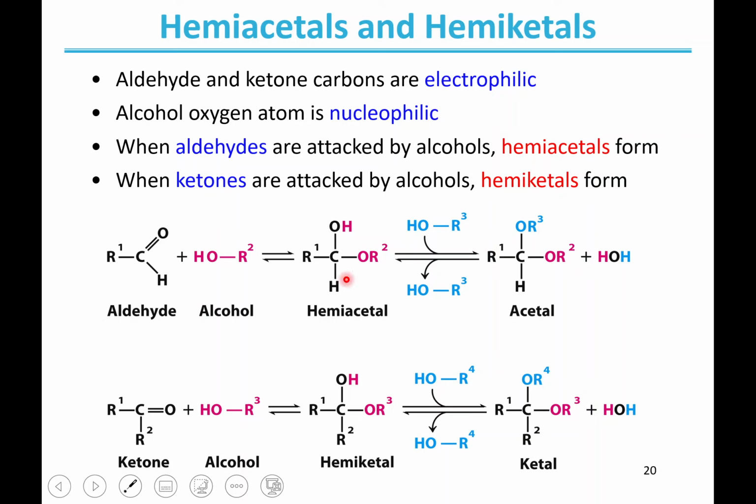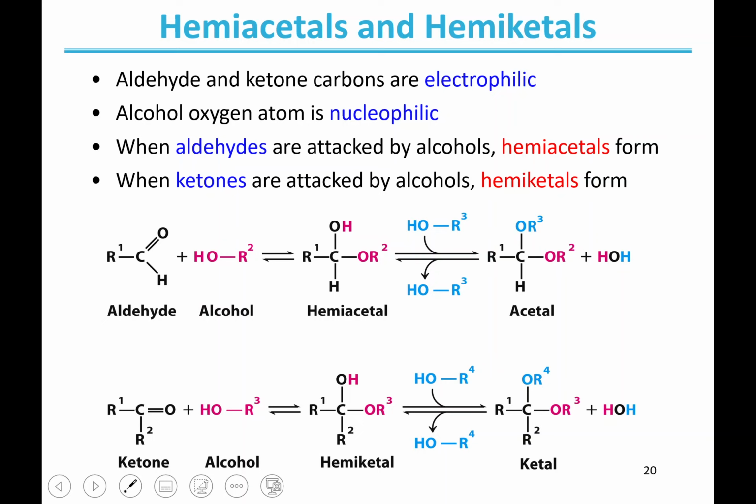So the combination of this OH and that O attached to another R group, with a hydrogen on this carbon, is what we refer to as a hemiacetal. An acetal group is if we had replaced the alcohol group with another OR group, and this is what we would refer to as an acetal group.